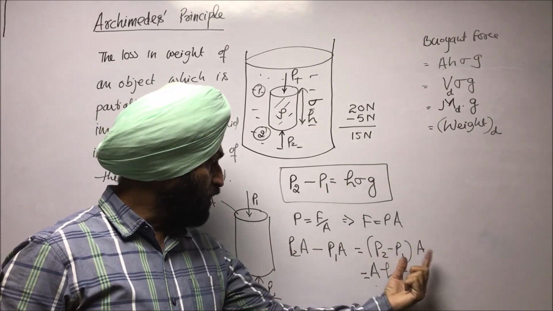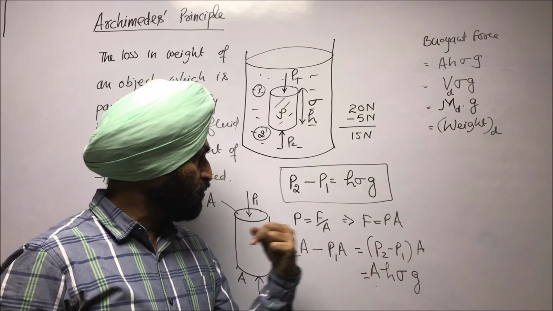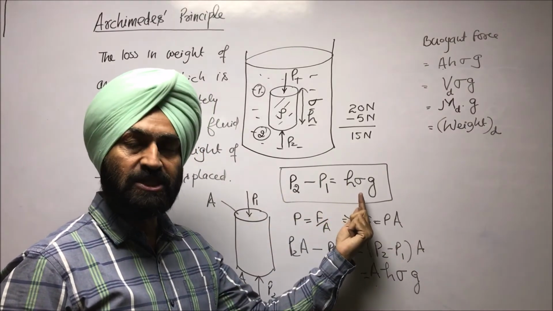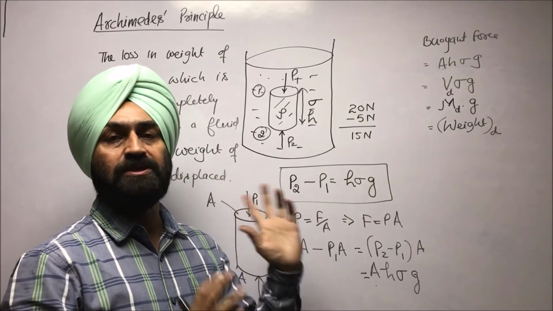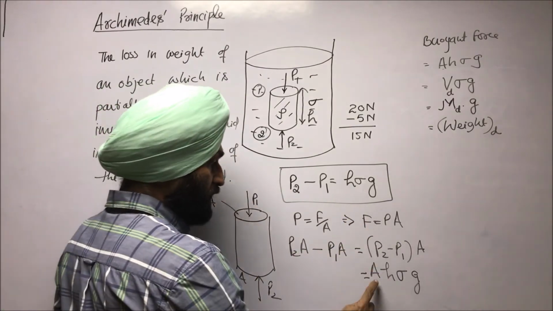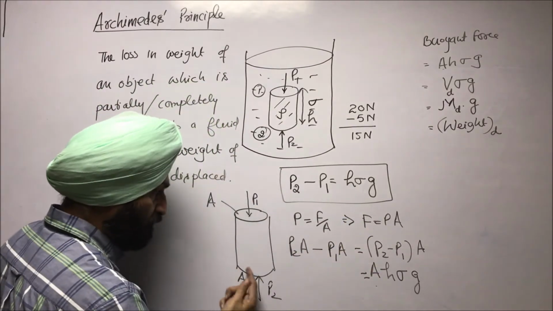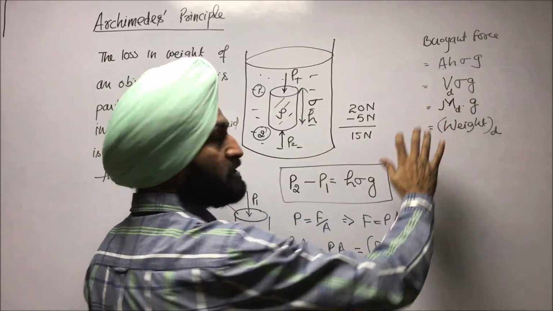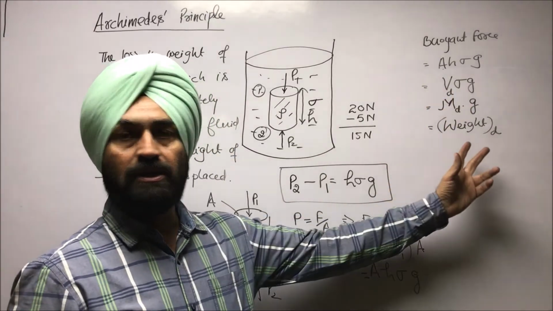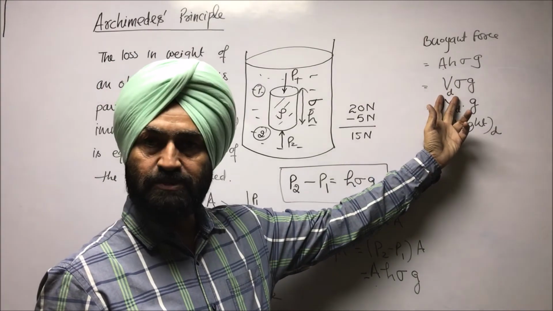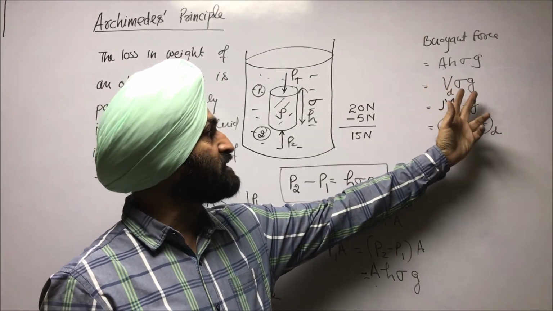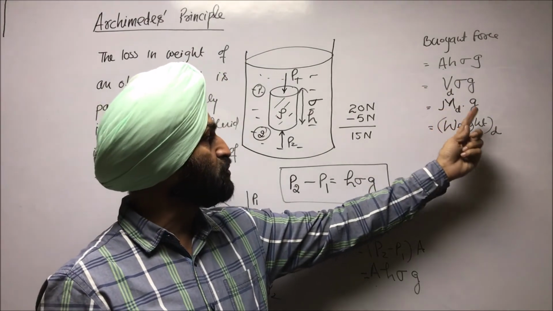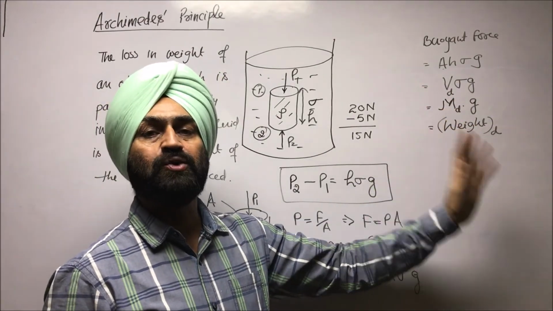So taking A common, (P2 minus P1) into A, and P2 minus P1 is H into density of the fluid into G. So area of base into height is volume of cylinder, as well as volume of the liquid displaced. Volume into density equals mass of the liquid displaced, and mass into G equals weight of liquid displaced.